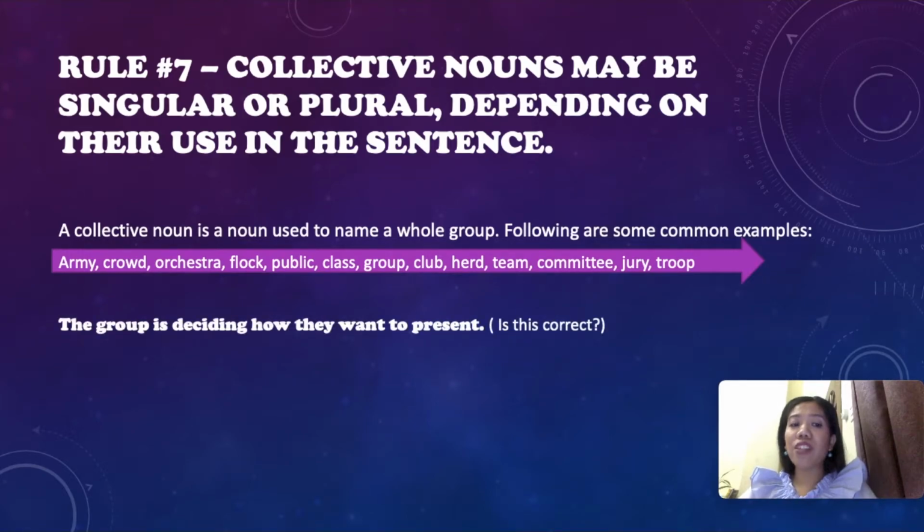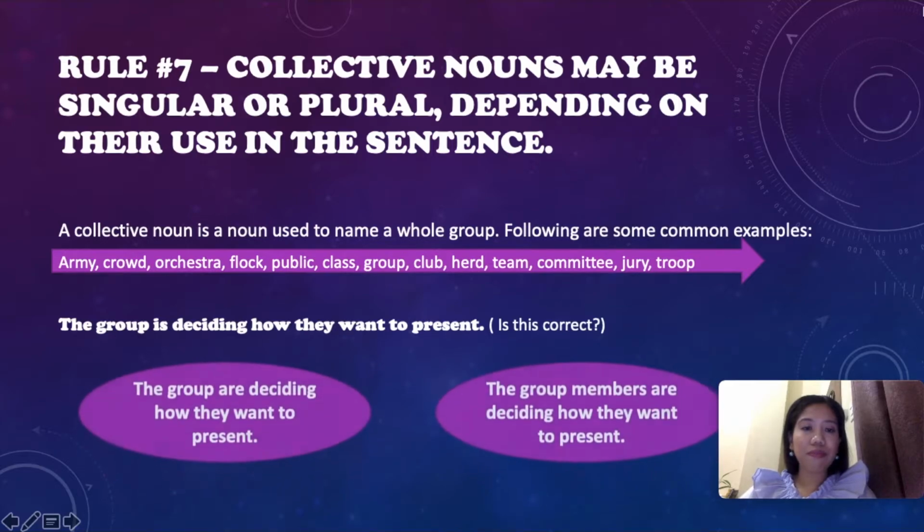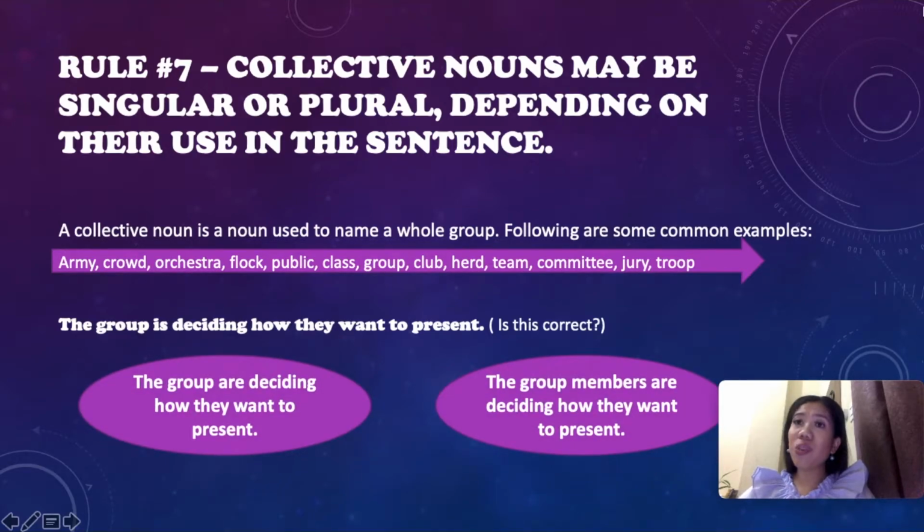Now, I would like to ask you questions. "The group is deciding how they want to present." Is this correct? Is that correct? Try to answer me. On your end, think of what's going to be the answer before I proceed. Okay, so what is your answer?